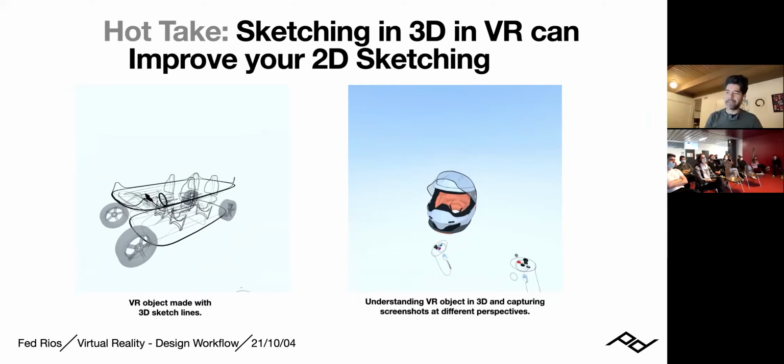So it eliminates you having to figure out what it's going to look like from many sides. You just do it in space, and this allows you to right away see how it's going to look from wherever you want to look at it. So you can discover what we call form finding on an object much quicker.